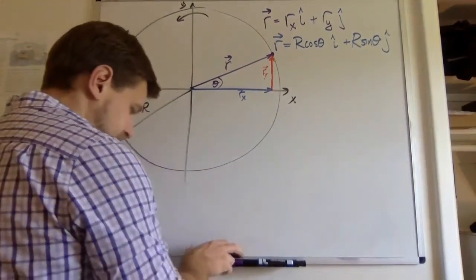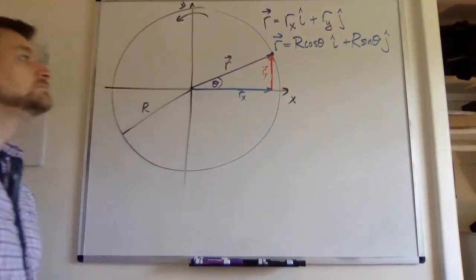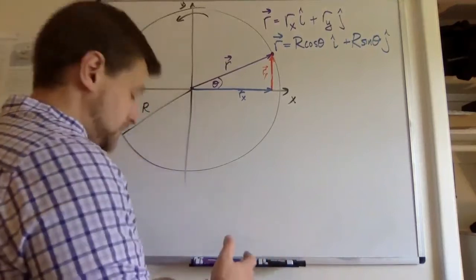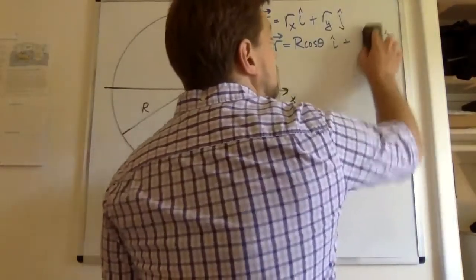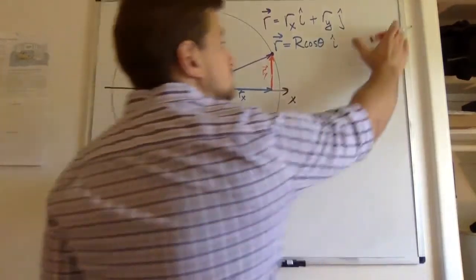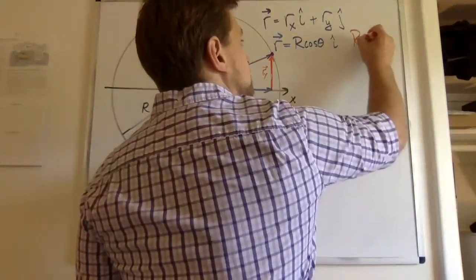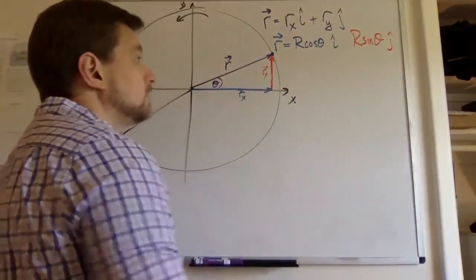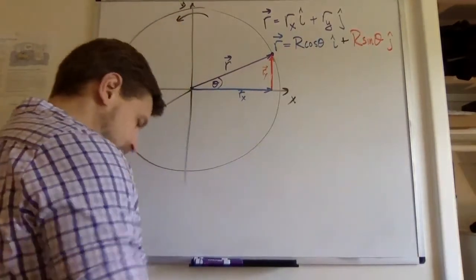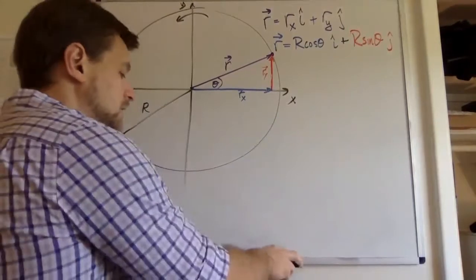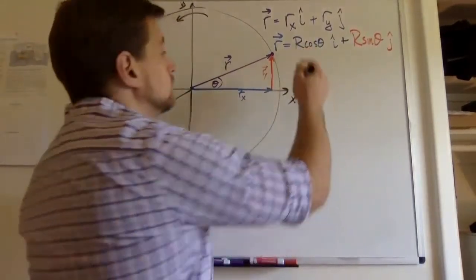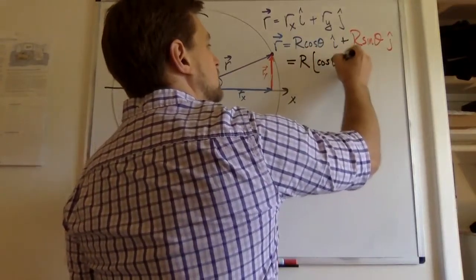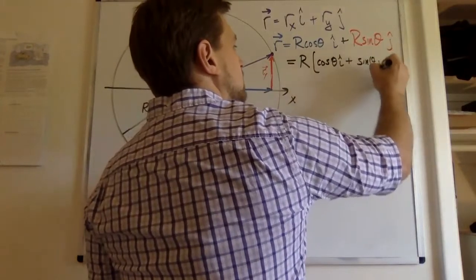Cool. R sine theta j, according to what I've drawn here, with the plus sign. Okay, we could factor out the capital R if we wanted to, so that we're talking about cosine theta i hat plus sine theta j hat.